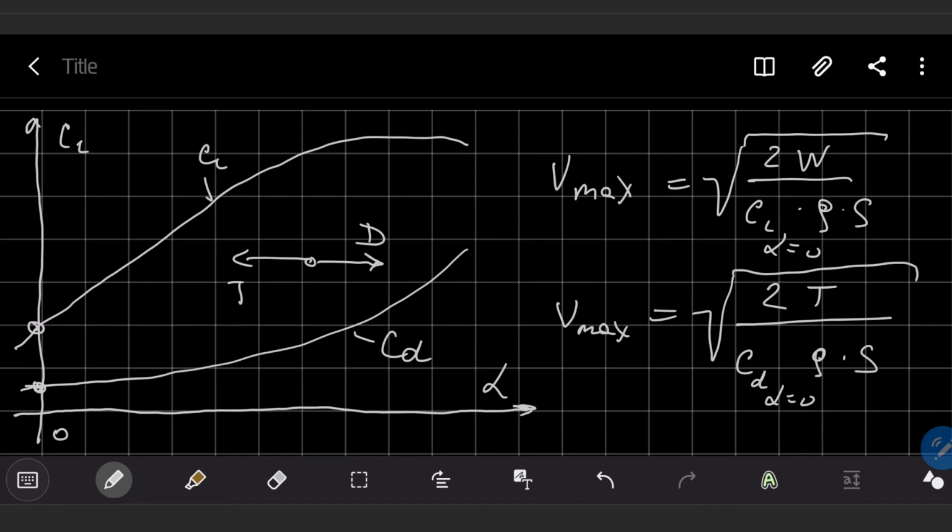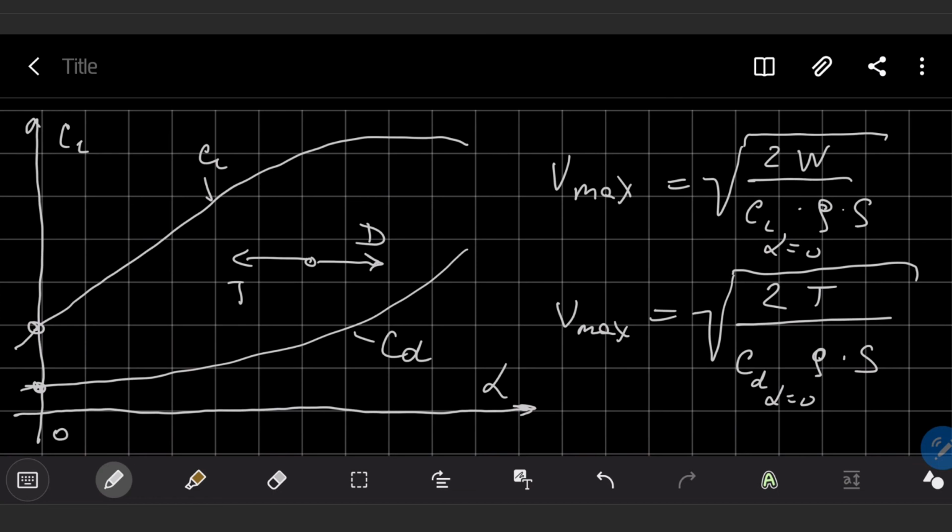Same density and same area for both formulas, weight of the airplane, thrust of the airplane, and CD at alpha 0. And these two formulas are actually equivalent to each other, because once we define constant lift to drag ratio, from one formula we can easily go to the other formula.